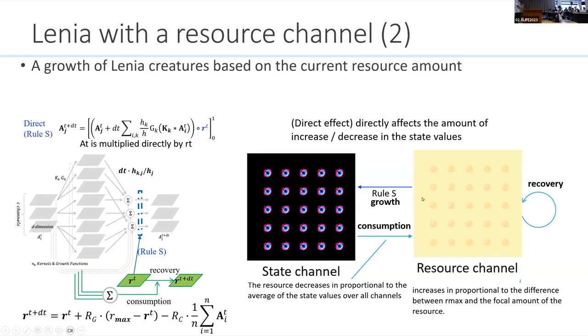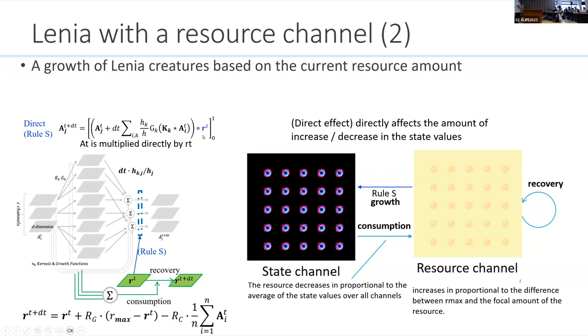Then these are the effects of the resource on the state value of creatures. We assume that the growth of creatures depends on the current resource amount. There are two types of rules. One is a direct effect of the resource on the creatures. In this case, this is an equation of the state update rule.